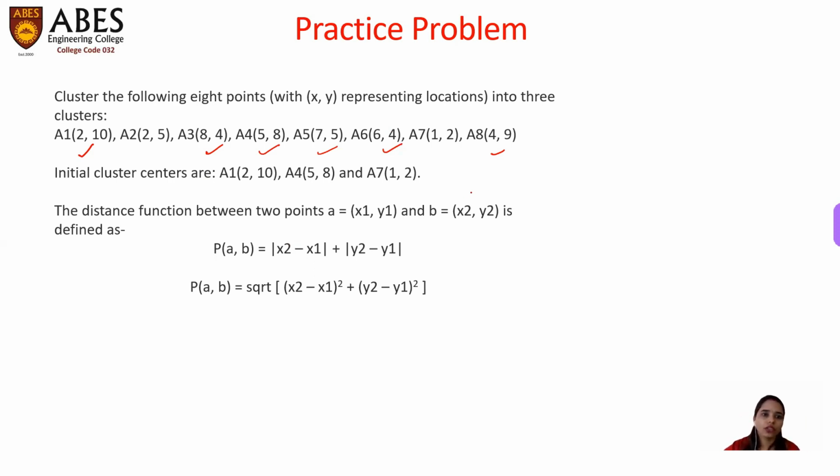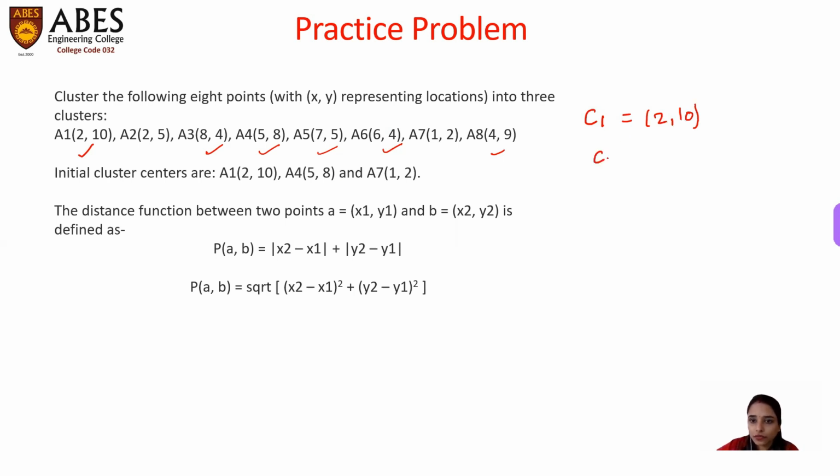So in this question, we initially took 3 clusters: A1 as a cluster center, A4 as a cluster center, and A7 as a cluster center. So basically, we have chosen 3 data points as cluster centers. The center of the first cluster, C1, is 2, 10.